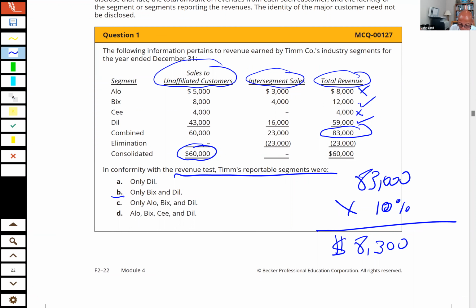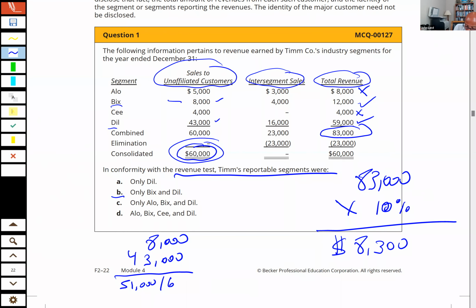So I've picked Bix and Dill. Now I go to the consolidated numbers: 8,000 for Bix and 43,000 for Dill. 43,000 plus 8,000, so consolidated revenue is 51,000, divided by the consolidated revenue of 60,000.